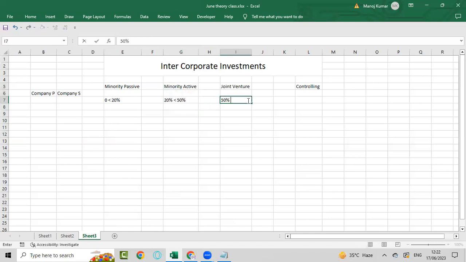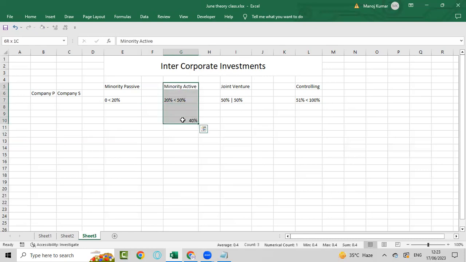50% each. Now what it will be called? Joint venture. More than 50% up to 100%, it will be called controlling. Now these percentages are not necessarily true. For example, if a company has 40% stake in this, it can be minority active, right?